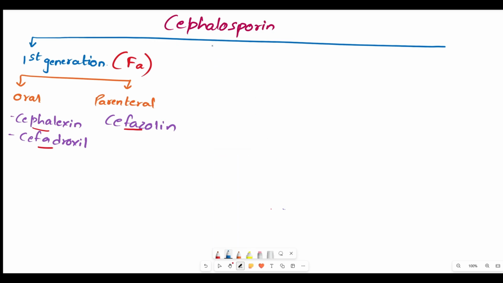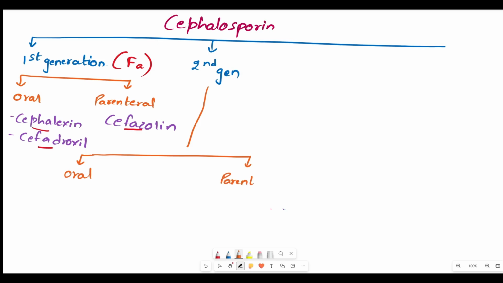Now coming back to the second generation. The second generation is again divided into two subclasses: one is oral again and the other is parenterals.